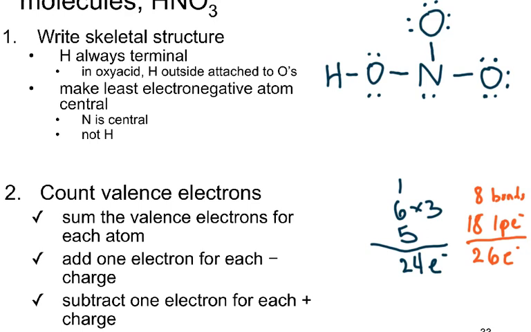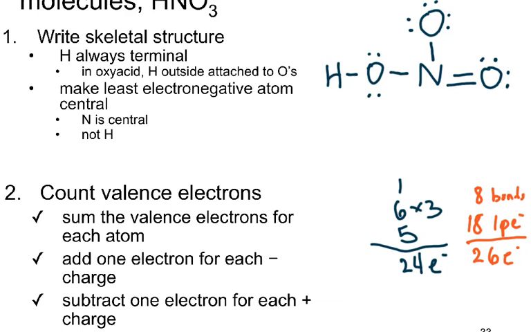The way I can fix that is by erasing my lone pair from my nitrogen, erase a lone pair from one of my oxygens, and draw in a double bond instead.